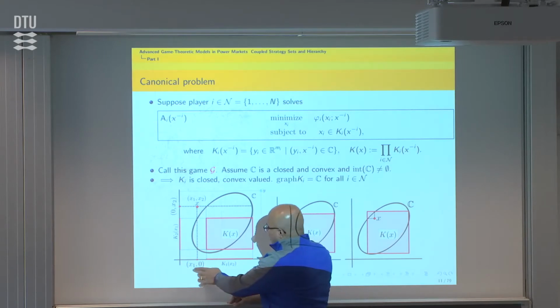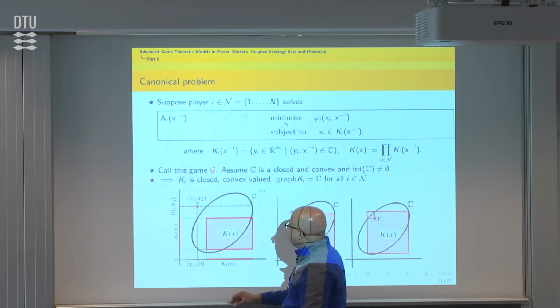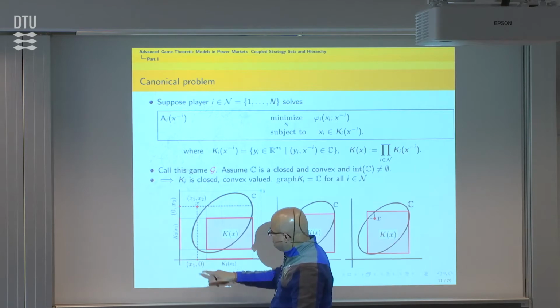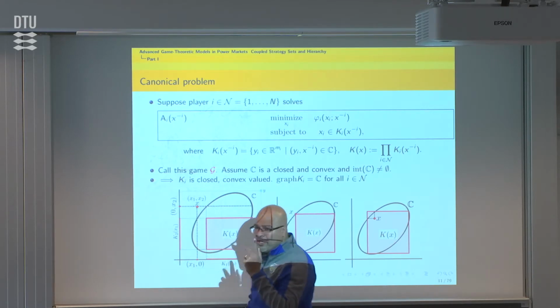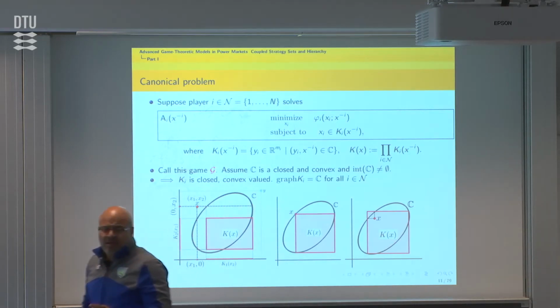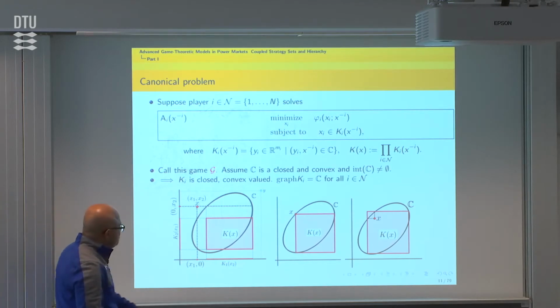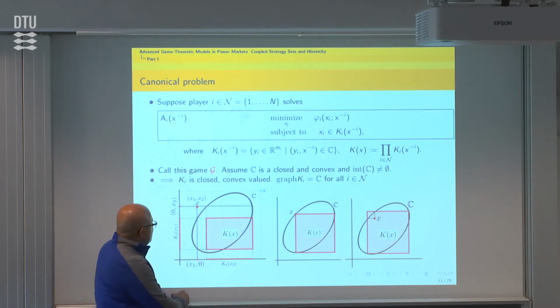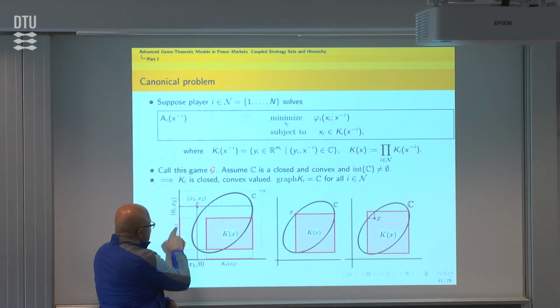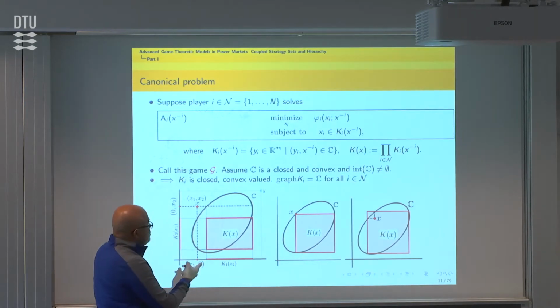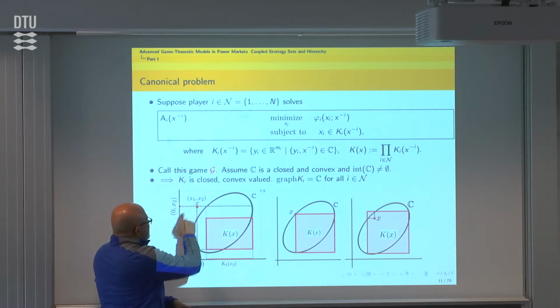So if you're here, let's take a two-player game, and let's take strategies x1, x2. Suppose your strategy is x1, then what happens is the feasible region that is induced. Now remember, we're taking a point (x1, x2).